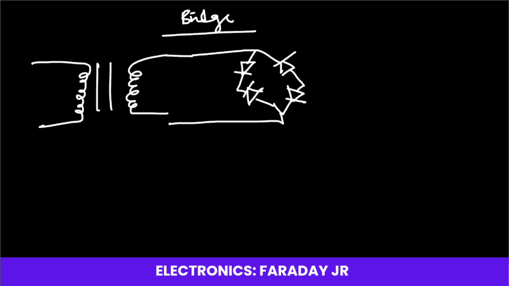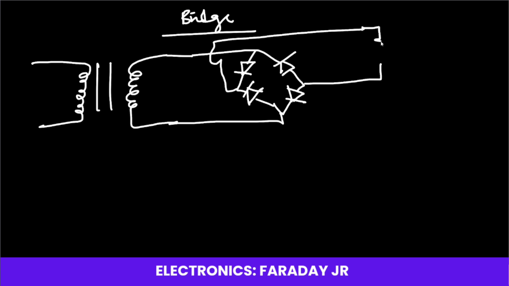Okay. So we are going to pick our positive part of the source from this side, and then we have our negative from here. So from here we can connect it to our load or a capacitor.